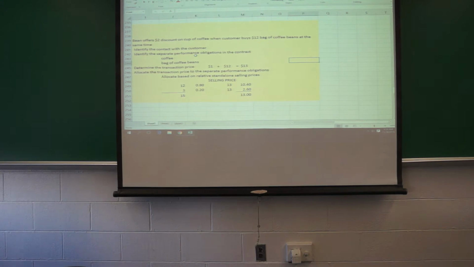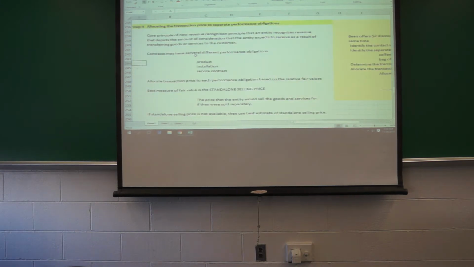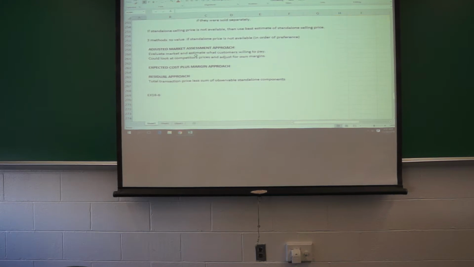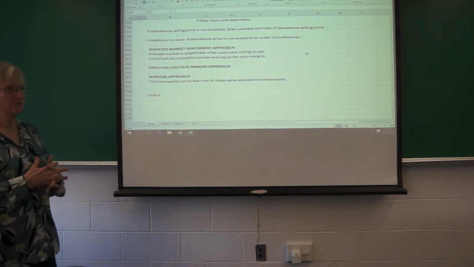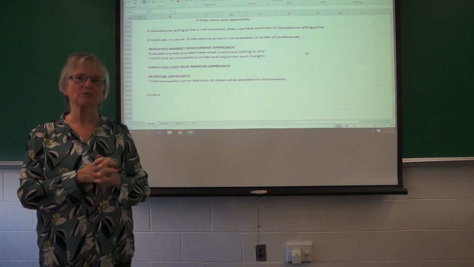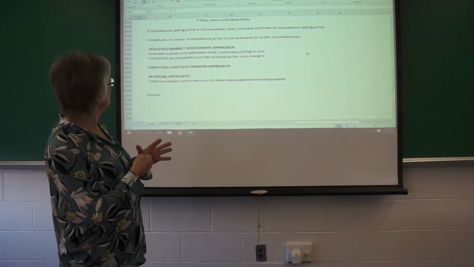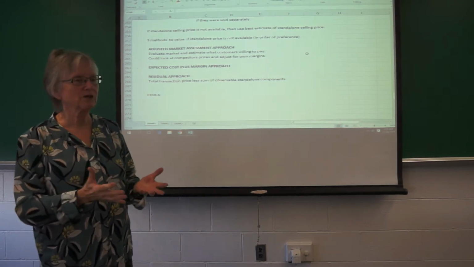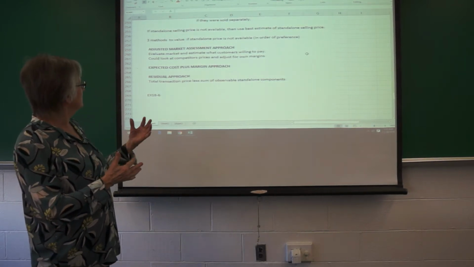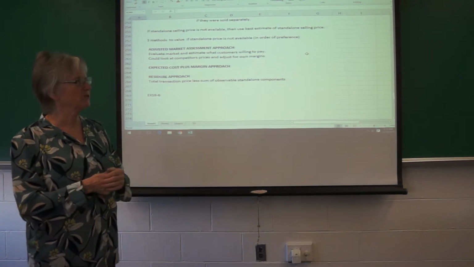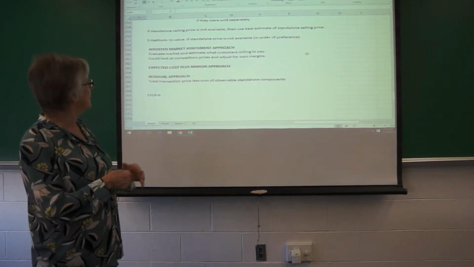That's not always available, and when it's not available, there are 3 methods that you can use, and these are in order of preference. I guess that's FASB's preference. You can use what's called the adjusted market assessment approach, where you're trying to figure out what the customer is willing to pay for this, and you could look at what competitors are selling things for.